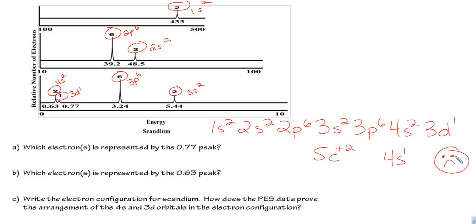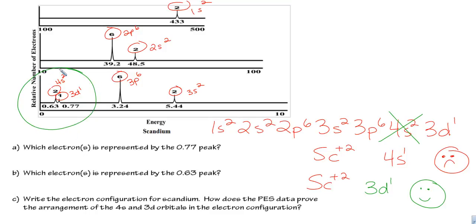Oh, so when you remove electrons from transition metals, be careful. We're going to remove these guys. They're furthest from the nucleus, so this should end 3d1, happy face.